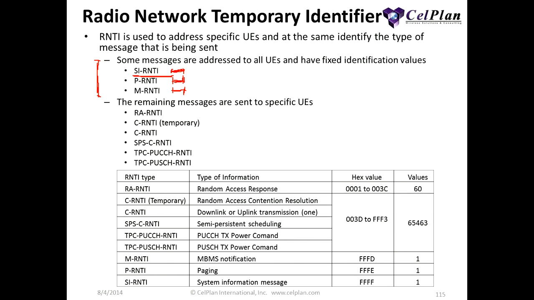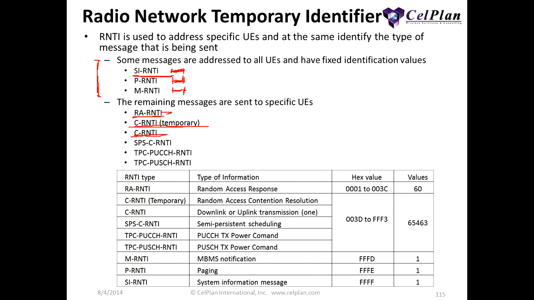Now, depending on the stage that the UE is in, there are other identities that it has to consider. If the UE is accessing the system, it should use the random access RNTI. It has a temporary cell identity that is the UE identity in the cell.